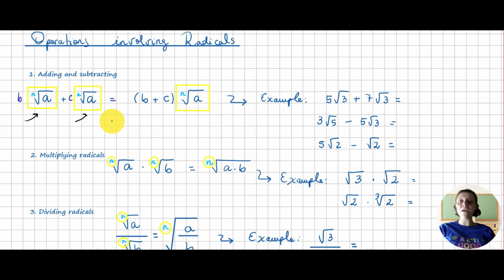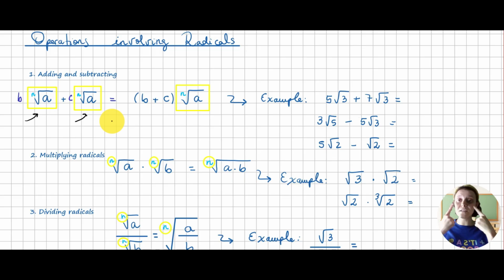So to be able to add or subtract, the radicals have to be exactly the same. It's like adding apples or lemons. You cannot add apples with lemons. Okay, they have different natures. Then it's the same with radicals. In this case, you add apples with apples and lemons with lemons. Okay, so if you have root of 3 and root of 5, those cannot be added because they are not the same. They are not like terms, okay?